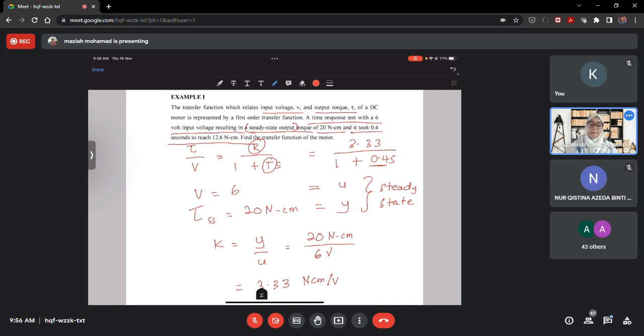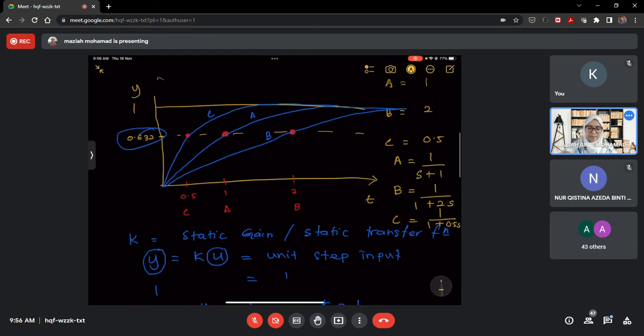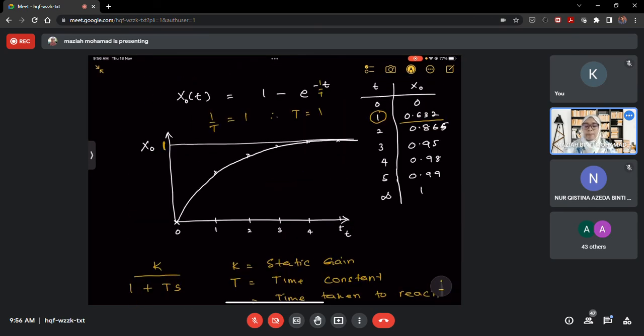So basically that is how we can predict the behavior of a first order system. The response will always look like this, we already proved that. The shape will be based on the exponential shape, 1 minus exponential.